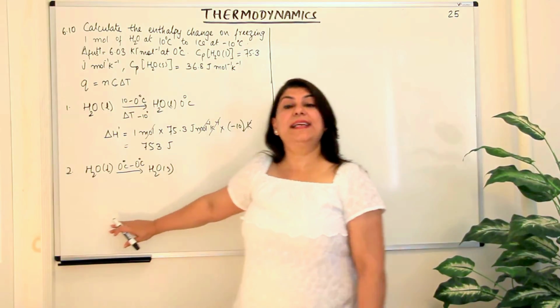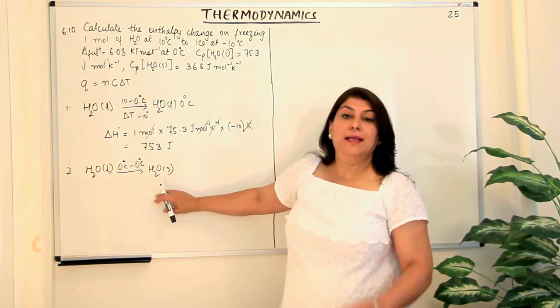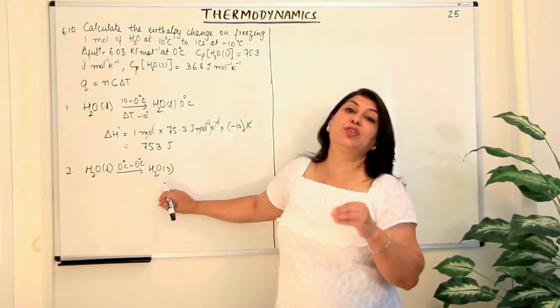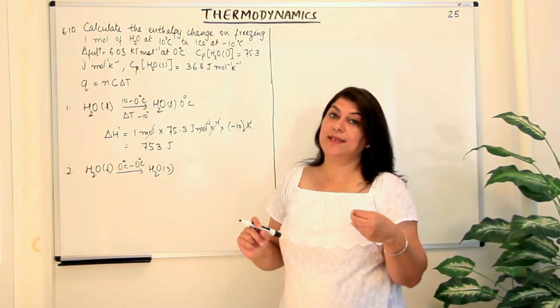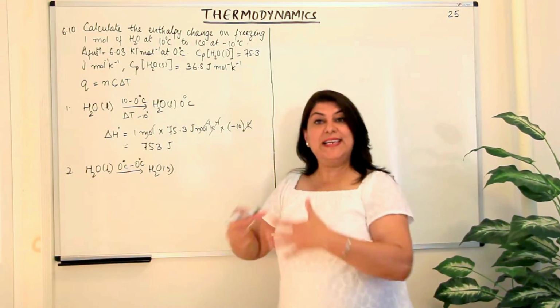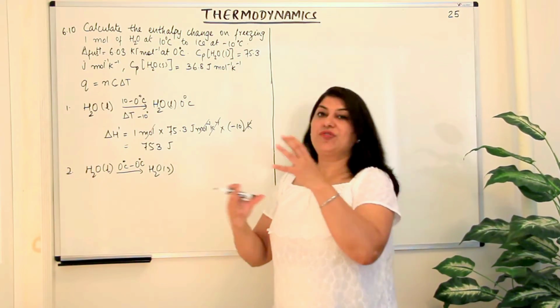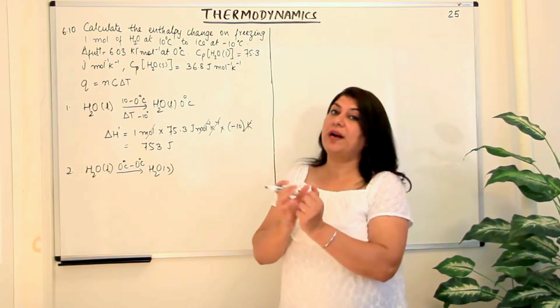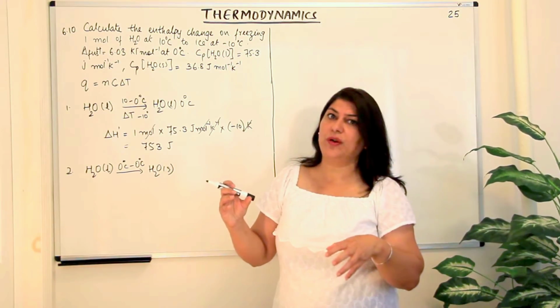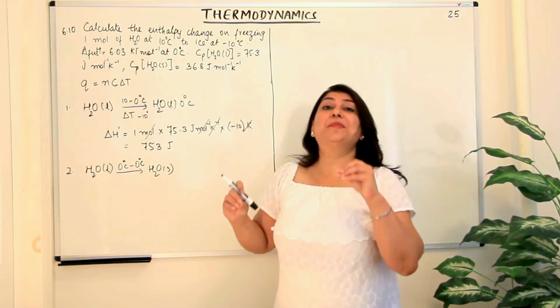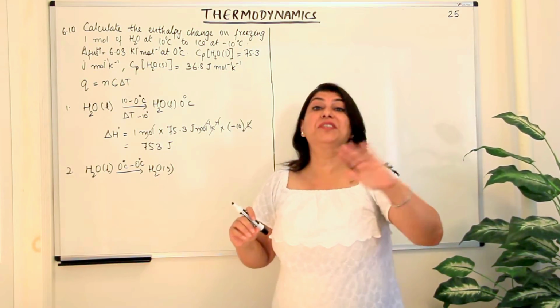Now, what exactly is happening in this step? The physical state of water is changing from the liquid state to the solid state, and it is releasing heat. The attractions between the molecules of water are increasing, and water from liquid is turning into a solid, but the temperature at this point becomes constant.